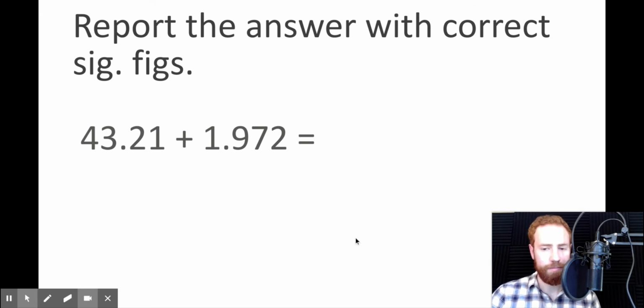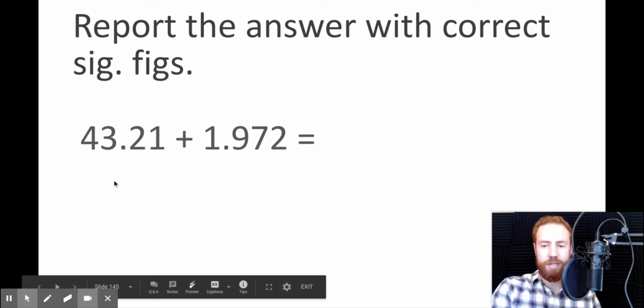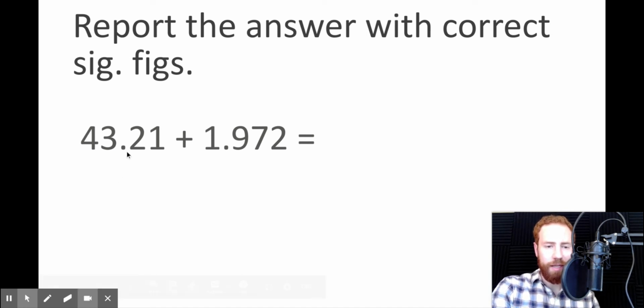Let's do an example. And feel free to pause the video if you want to try this out and then hear the answer in a second. Before we even get started, this number, 43.21, has two decimal places. And this number, 1.927, has three decimal places.